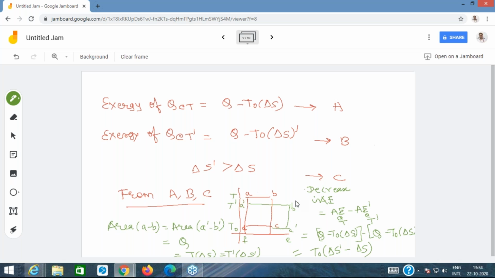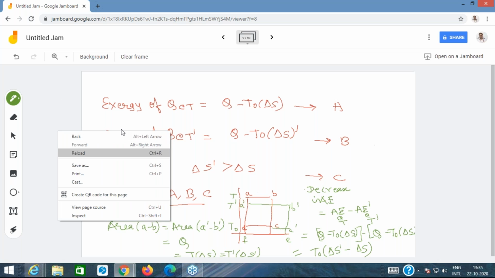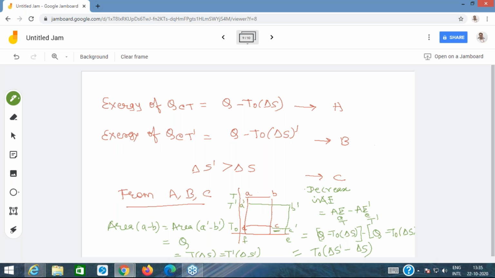So let me ask you, if it is clear to you, look at the figure. I am using a different paint. I'm using a yellow now.